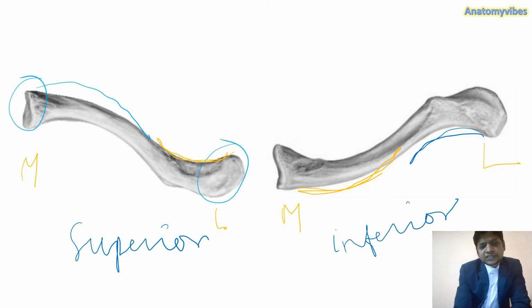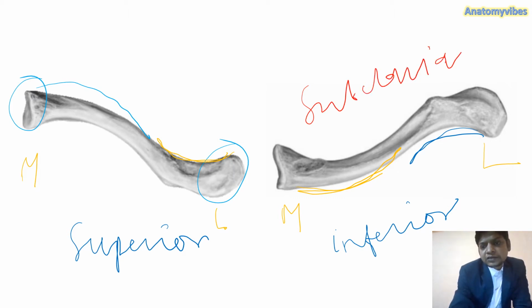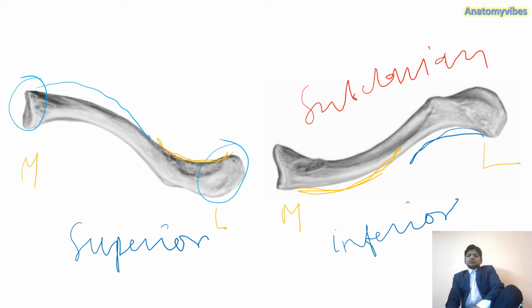As you can see, superiorly there is no sulcus, groove or tuberosity present here, but inferiorly you can see this groove. This groove which you can see in red here is the subclavian groove. So by this you can recognize the inferior aspect of the clavicle. So by these two features you can recognize the superior and inferior aspect.